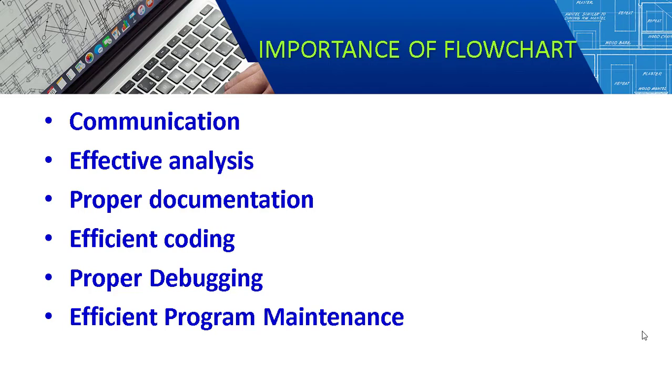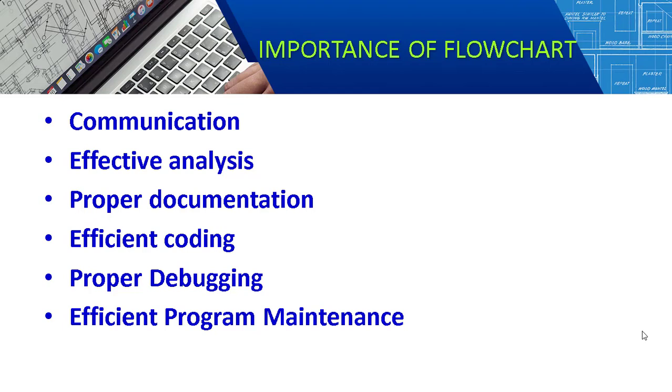The next advantage is effective analysis. With the help of the flowchart, a problem can be analyzed in the most effective way. Since it is a diagrammatic representation, it is very easy to analyze the problem. The third importance is program documentation. Program flowcharts serve as good program documentation, which is needed for various purposes.